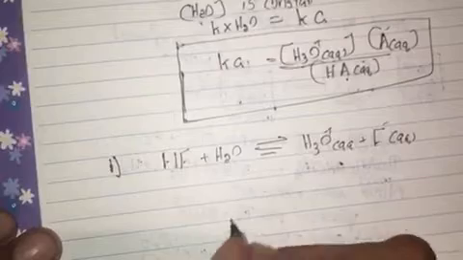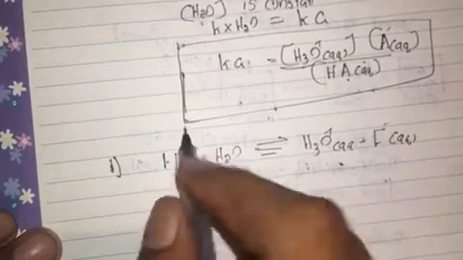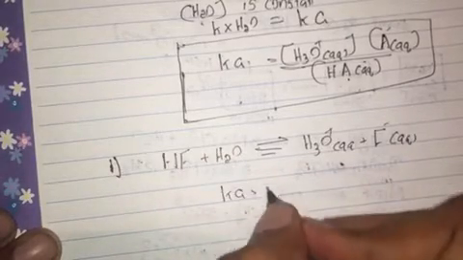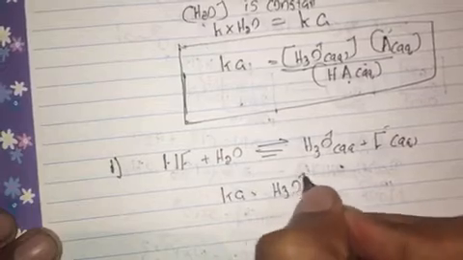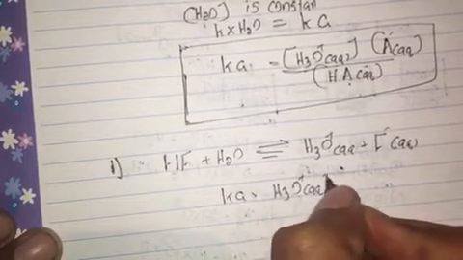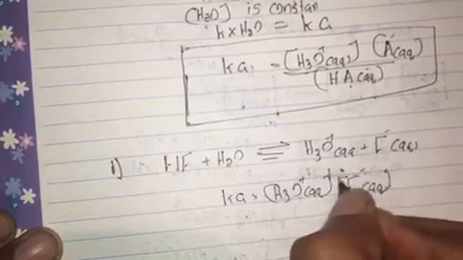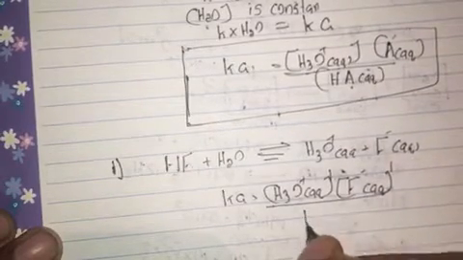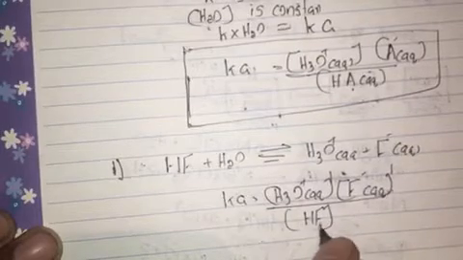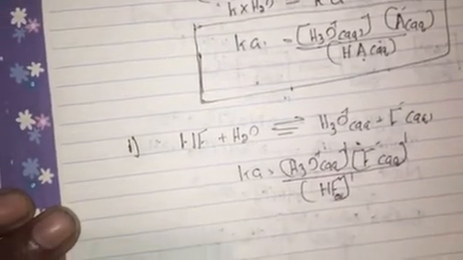What is the Ka for HF? Ka equals [H3O plus](aq) [F minus](aq) over [HF](aq).